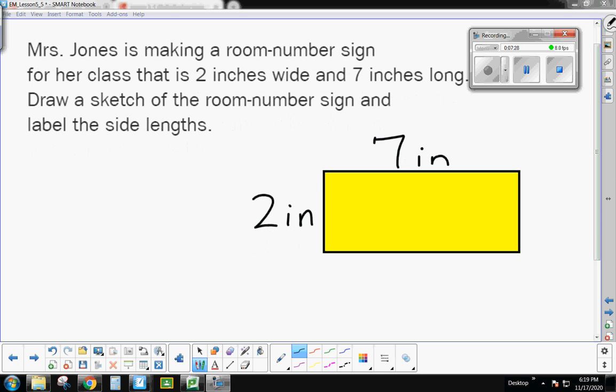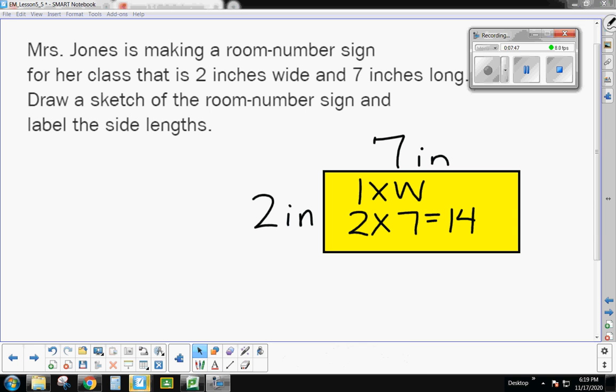Now, what is the area of that sign? So we know to find the area, we do the length times the width. So we have 2 times 7, and 2 times 7 equals 14, right? Now, if I know that 2 times 7 is 14, then what if I decided to double that sign?